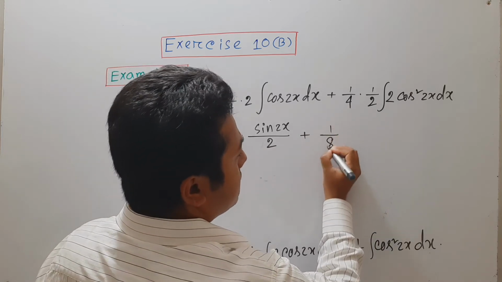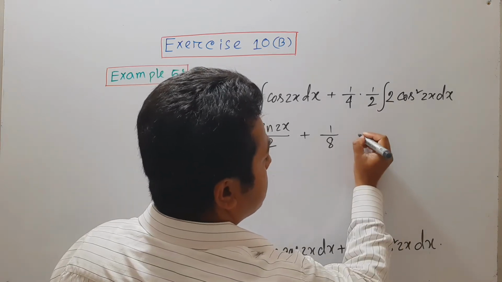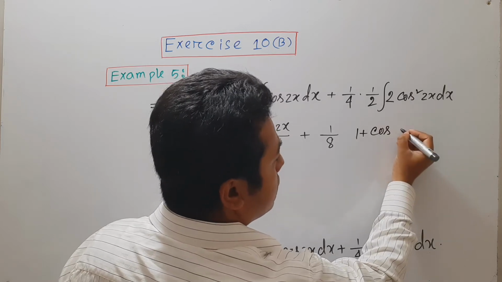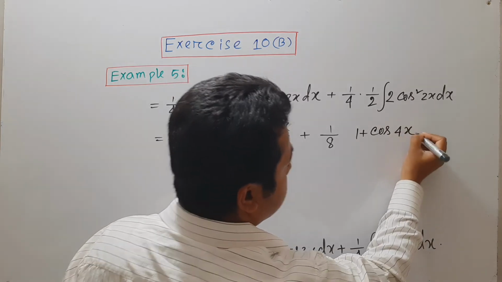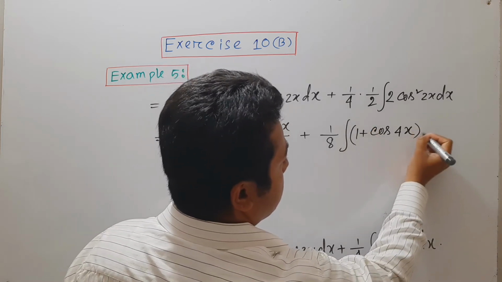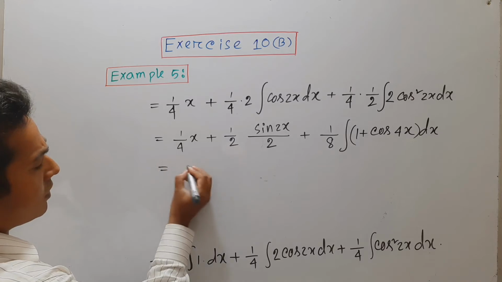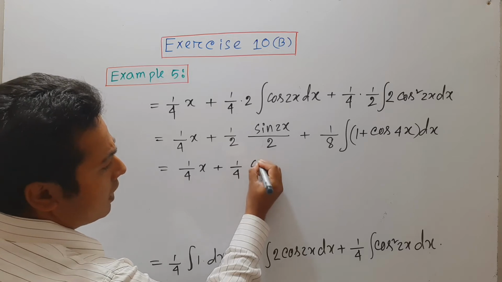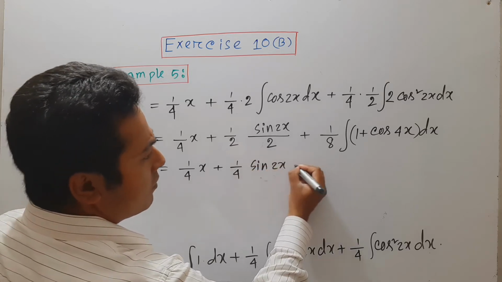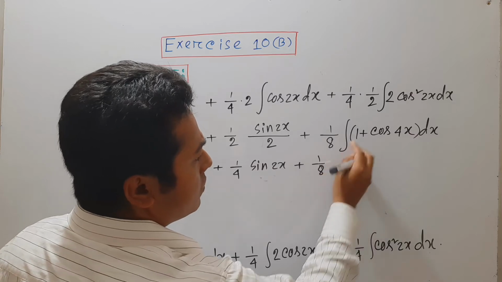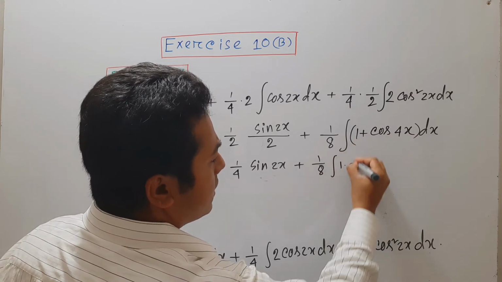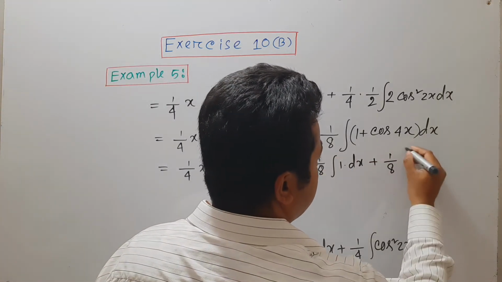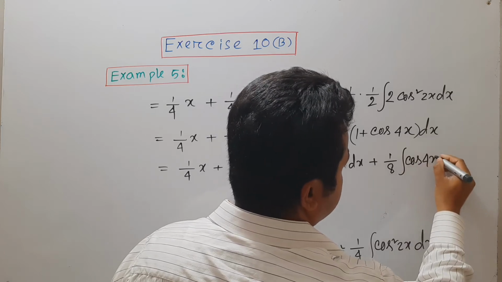1 by 8, 2 cos square x is equal to 1 plus cos 2x. Here x is equal to 2x and so 2 into 2x is equal to 4x. Then 1 by 4 into x plus 1 by 4 into sin 2x plus 1 by 8 into integration of 1 into dx and plus 1 by 8 into cos 4x dx.